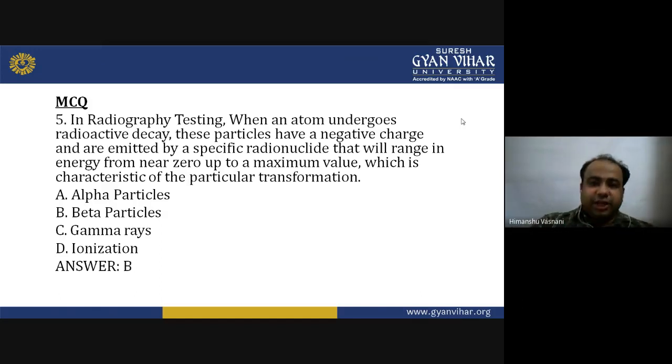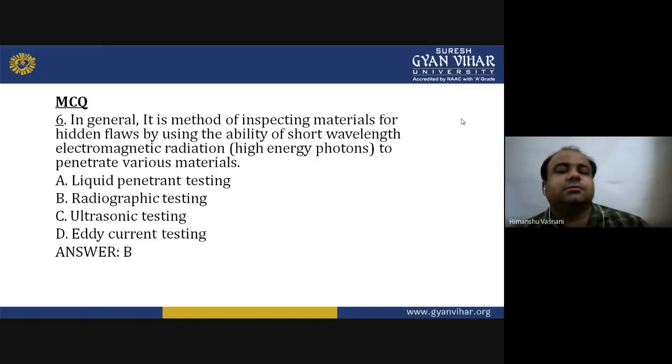They range in energy from near zero up to a maximum value, which is characteristic of a particular transformation. What do we call it? We call it beta particles.